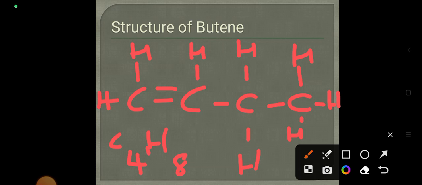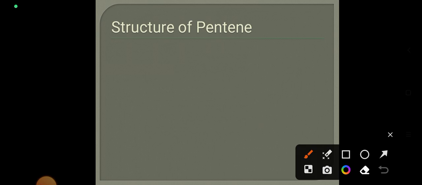Now the next member would be pentene. Pentene molecular formula will be C5H10 and so on. So again let us learn to write pentene. Pent is 5 carbon atoms, and if I write a double bond here at C1 and C2, the remaining I should fill with 2 hydrogens.